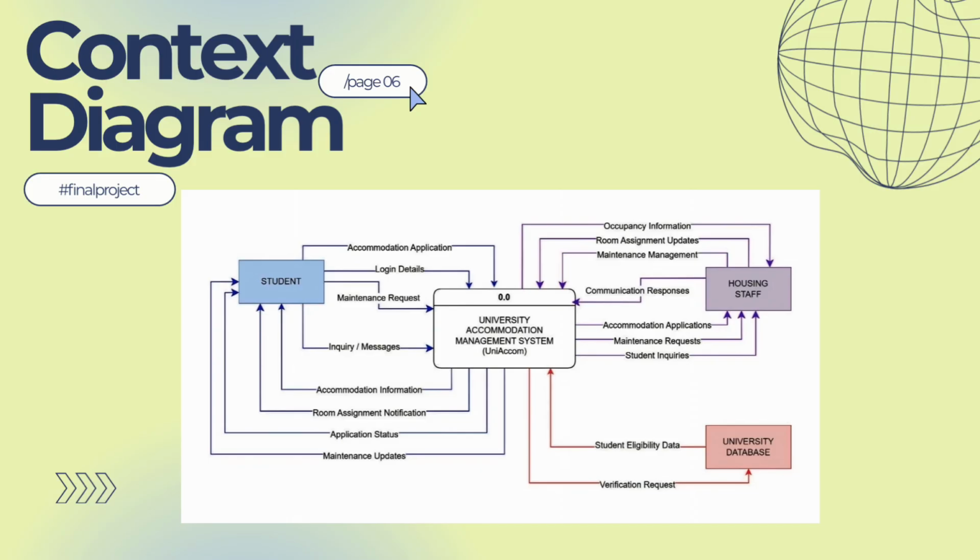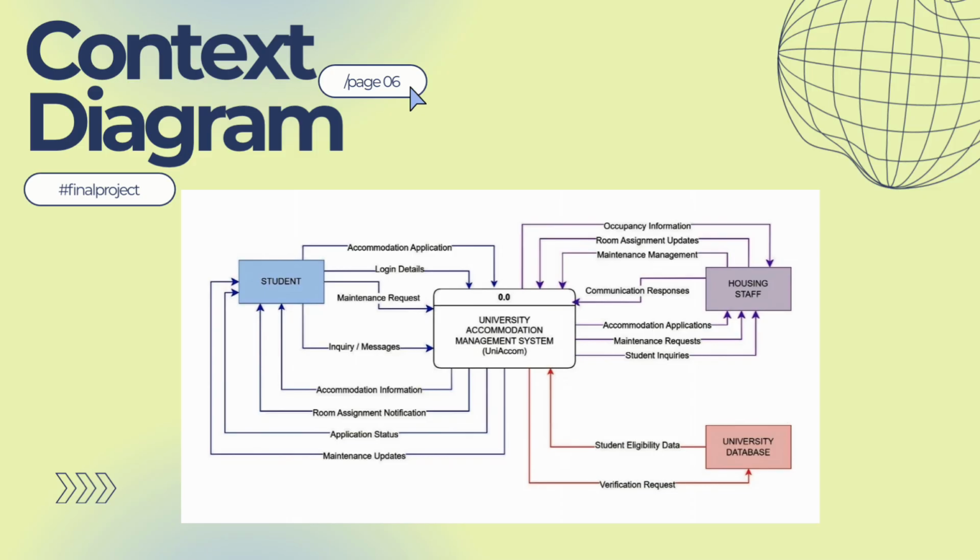My name is Nohani Umaira, and I will explain the context diagram for the University Accommodation Management System or UniAccom. This diagram provides a high-level overview of the system and shows how it interacts with external entities. There are 3 external entities involved, which are student, housing staff, and university database.